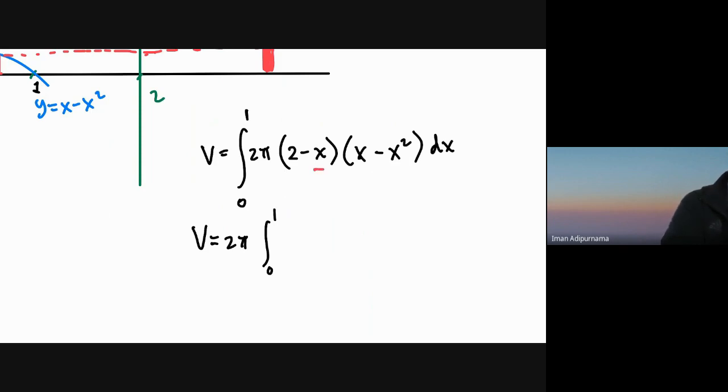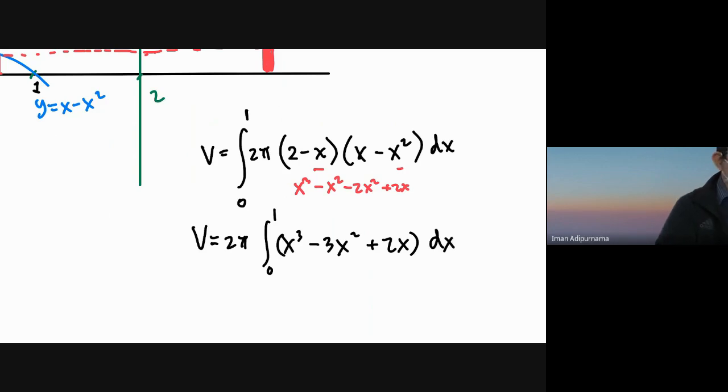This will be x cubed minus x squared minus 2x squared plus 2x. So this will be x cubed minus 3x squared plus 2x dx.